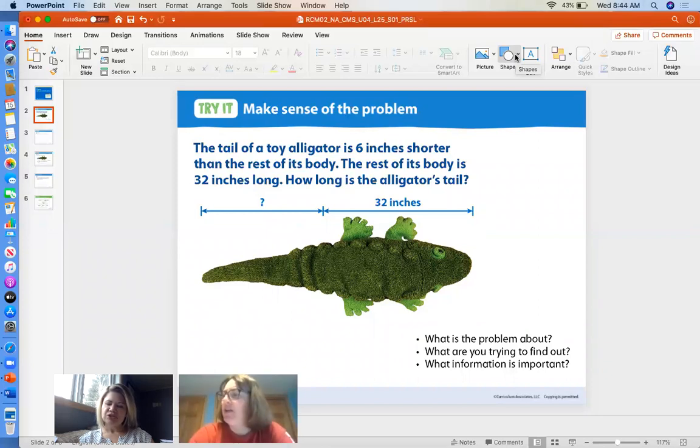A keyword kind of gives it away. What do you think? I think that word shorter is a good keyword for us to look at. I would agree. I think that that's going to help us realize what kind of math we're going to do.